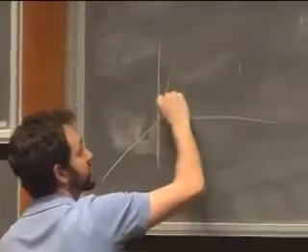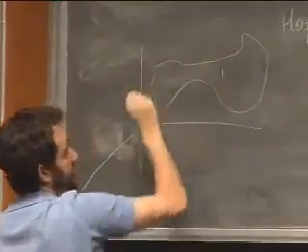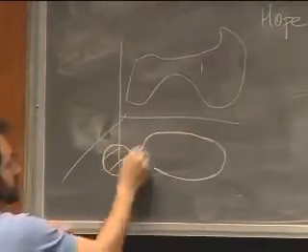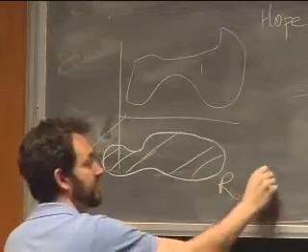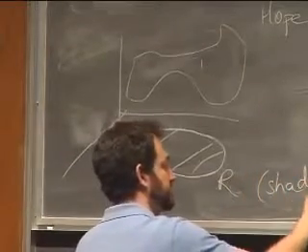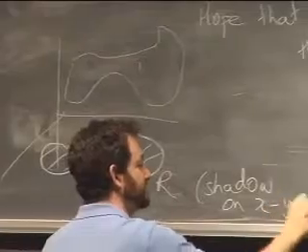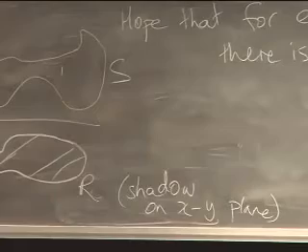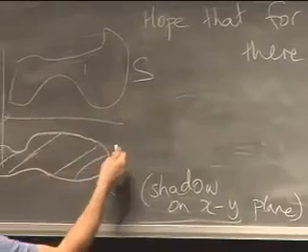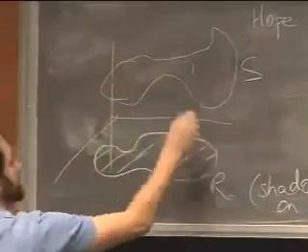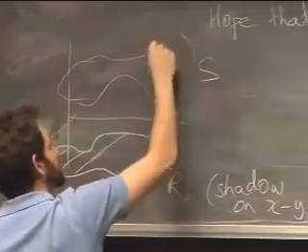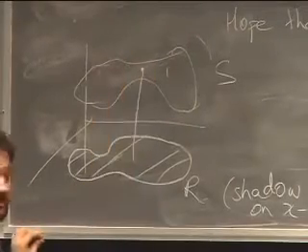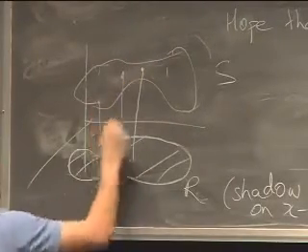Here's the picture you should be thinking of if you use method one. Your surface is sitting over here. It casts a shadow on the xy plane. So this is R, the shadow on the xy plane, and this is the surface S. What I hope is that for every point here, there's exactly one point on the surface, at different heights.